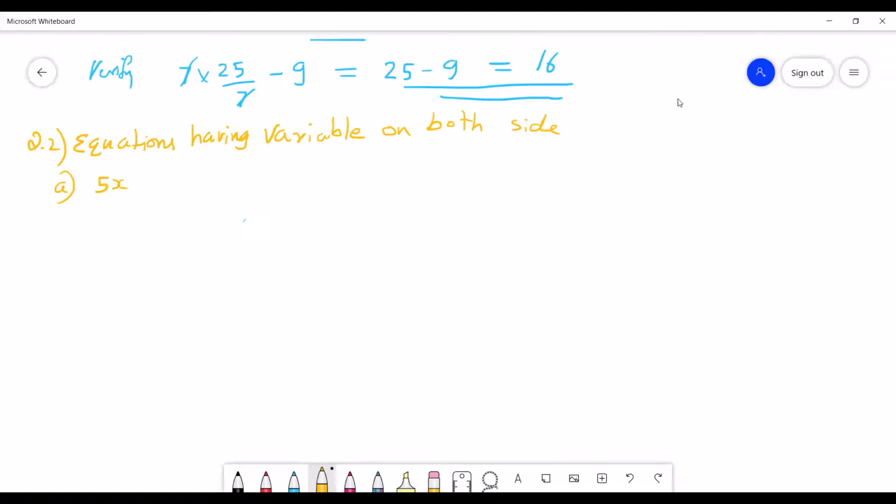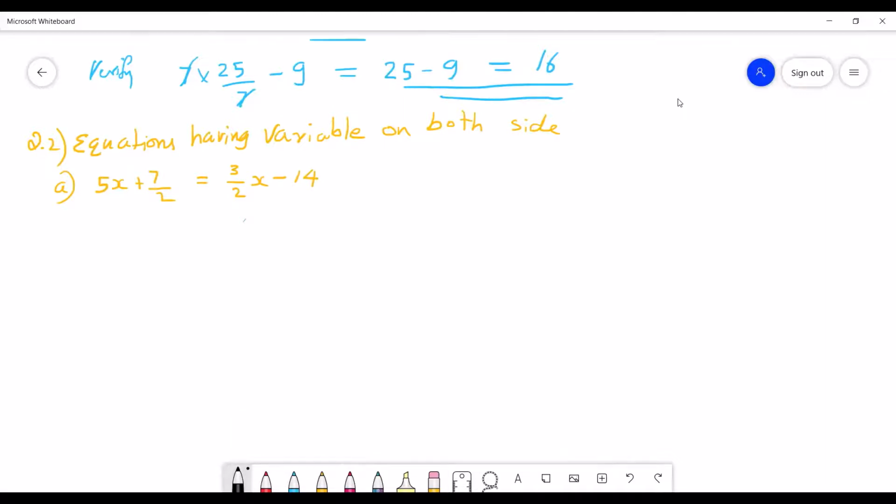We are considering 5x plus 7 by 2 is equal to 3 by 2 x minus 14. This is the question here.